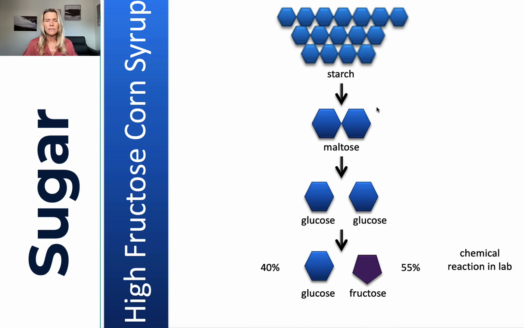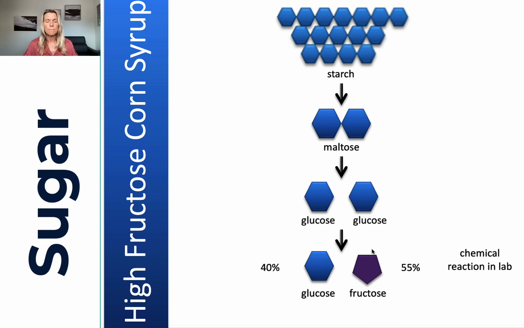So that's similar to our digestion process, right? Except it'd be glucose chains, maltose, glucose, and glucose. But what they do in the lab is then they convert glucose to fructose. And it's just a little bit more, about 55% fructose, and the rest glucose. There might be a little bit of sucrose that forms, but that's going to be the high fructose corn syrup. So it's not a substantial amount of extra fructose.